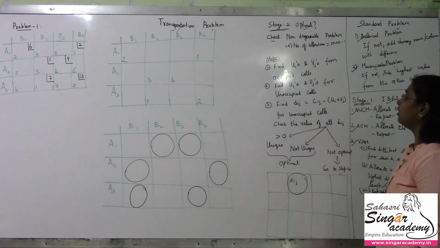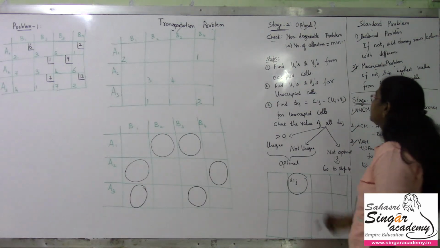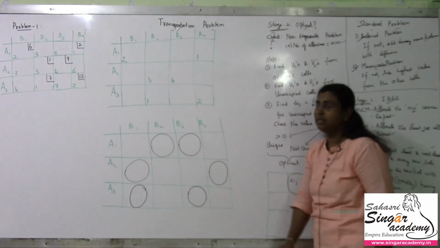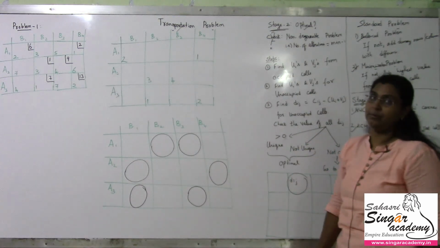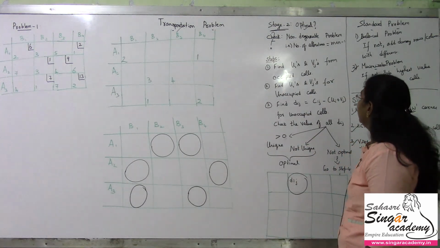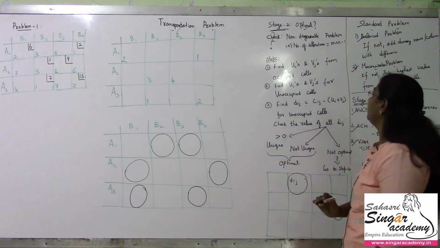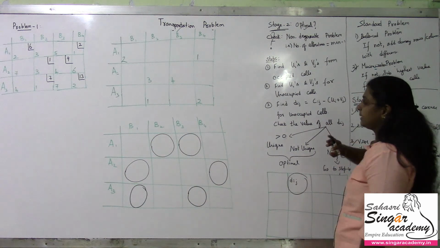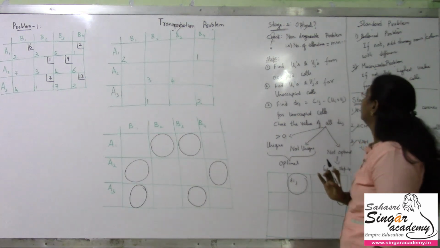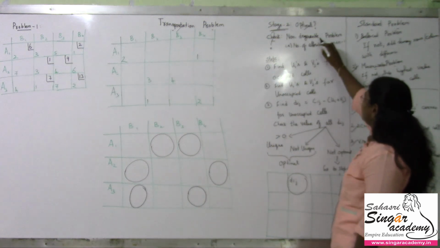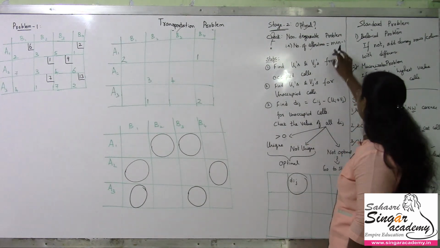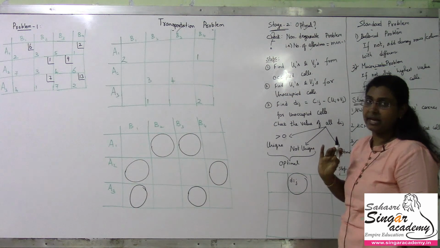Before checking the optimality, you have to check whether the problem is degenerate or non-degenerate. If we have a non-degenerate problem, then it's simple; you can proceed with the subsequent steps to check the optimality. What I mean by non-degenerate is that the number of allocations you have made should be m plus n minus 1, where m is the number of rows and n the number of columns.